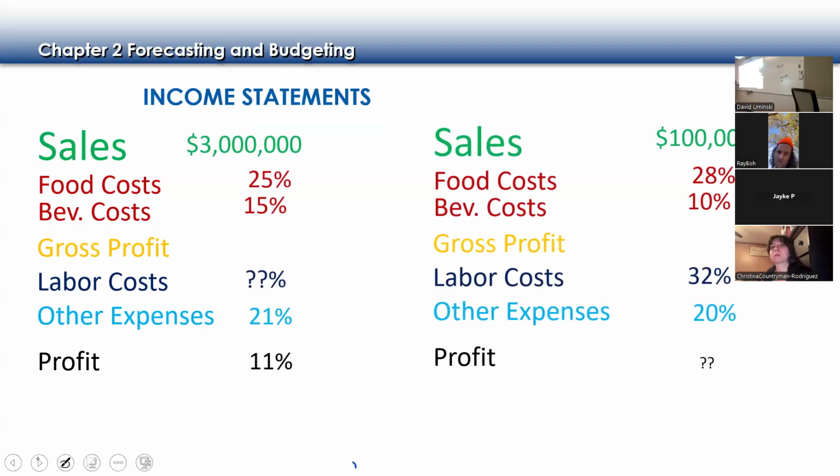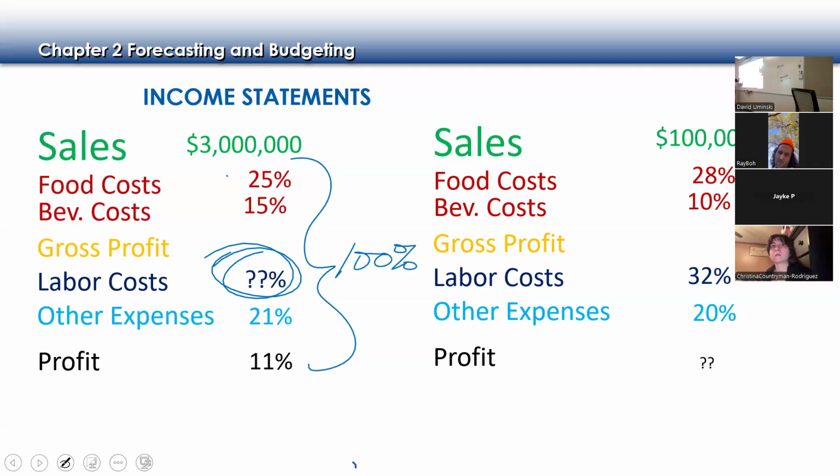So if I give you a formula here and I ask, what is my labor budget? If I'm asking for a budget, I'm asking for a dollar amount, right? Do I have any dollar amounts up here? No. I have percentages, right? If all of these equal 100%, how much is our labor cost percentage?